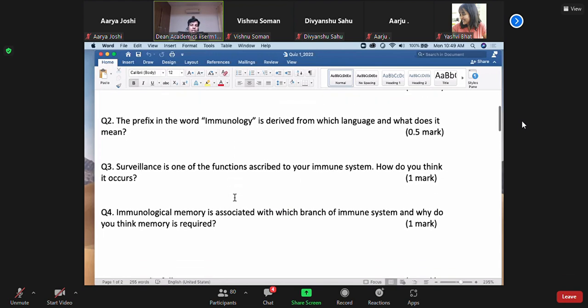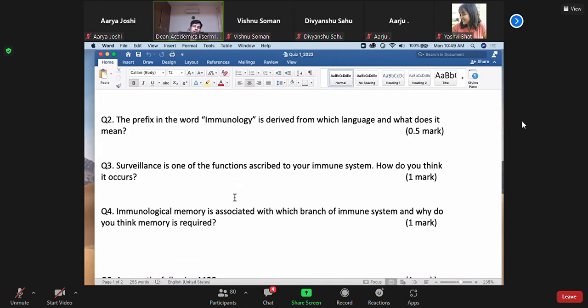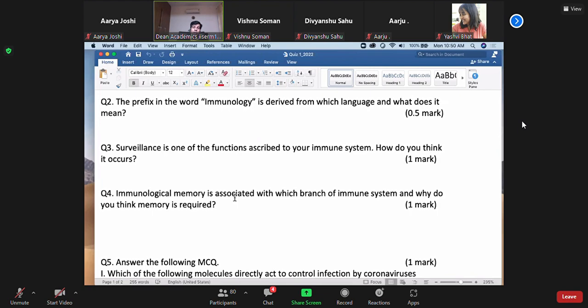Surveillance is achieved by the activity of your NK cells, which are part of your innate defenses, as well as your T cells, particularly involved against tumorigenesis.